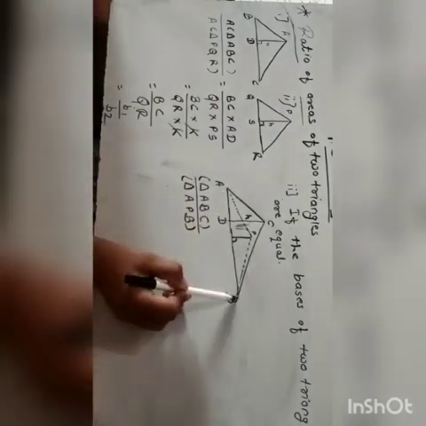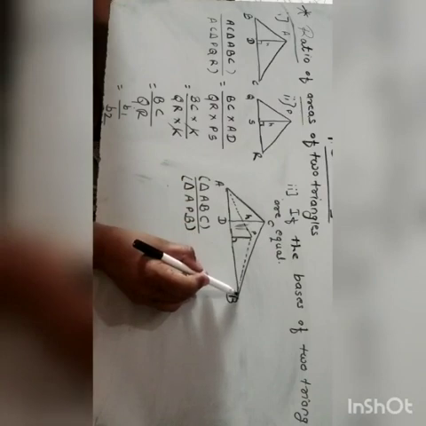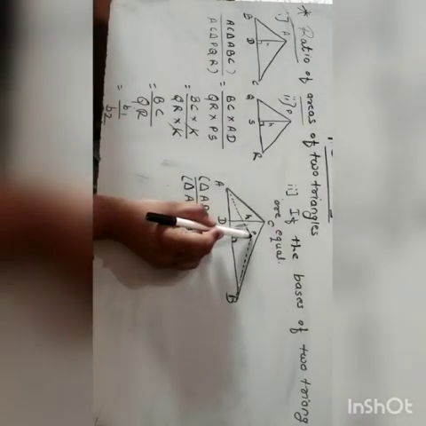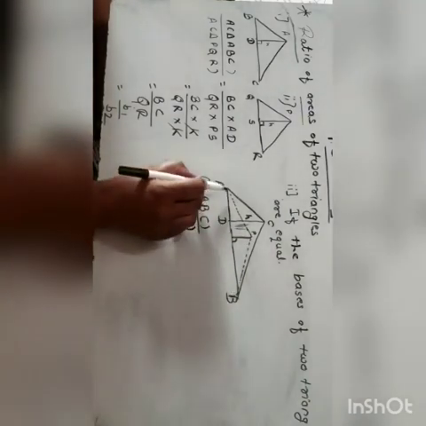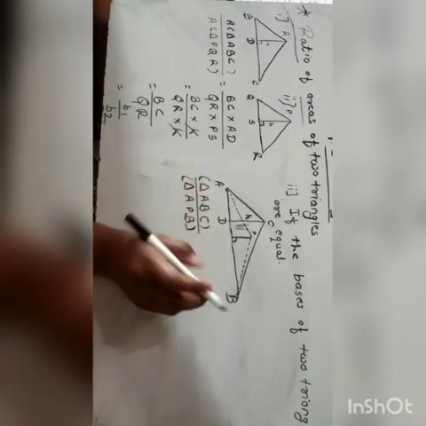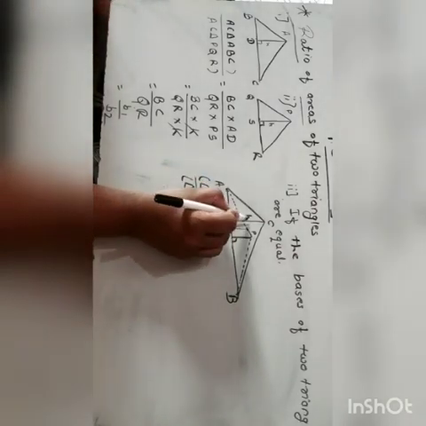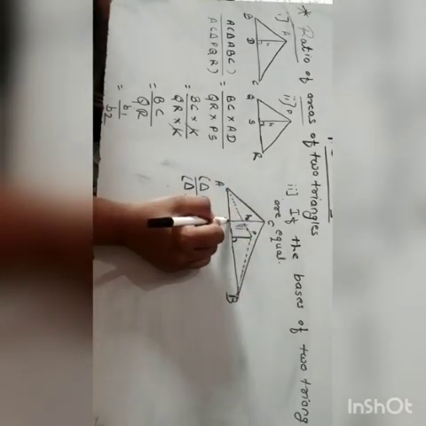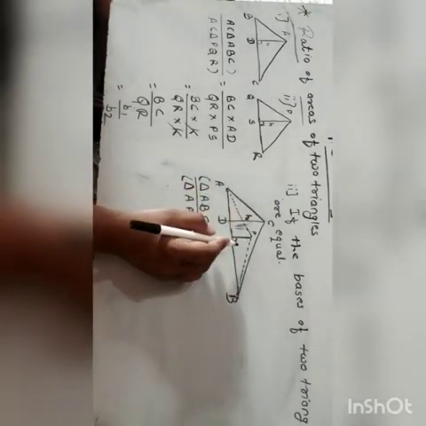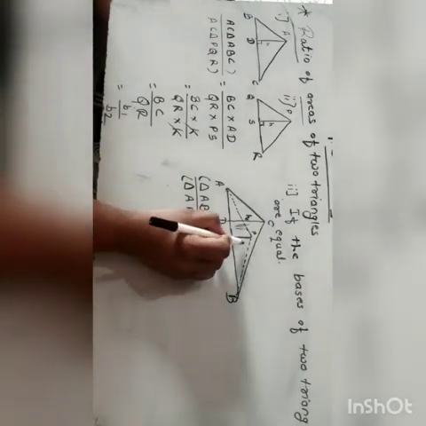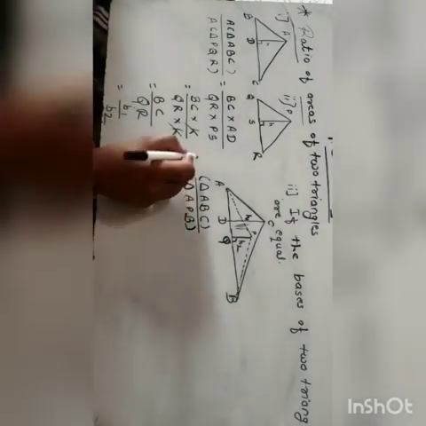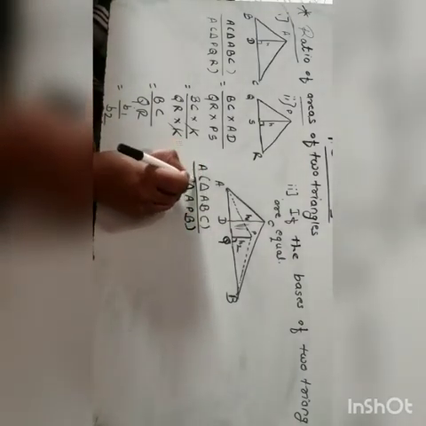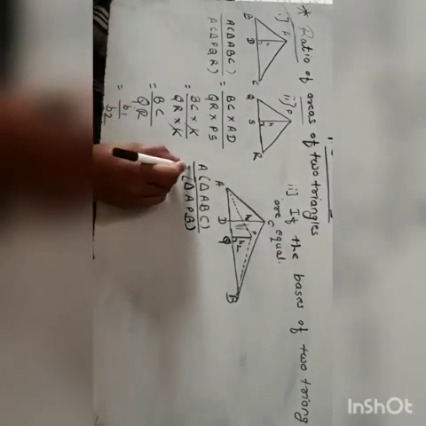In triangle ABC, AB is its base, and in triangle PAB also AB is its base. But what is different here? The heights are different: CD is the height of triangle ABC and PQ is the height of the second triangle. We will consider it as H2.